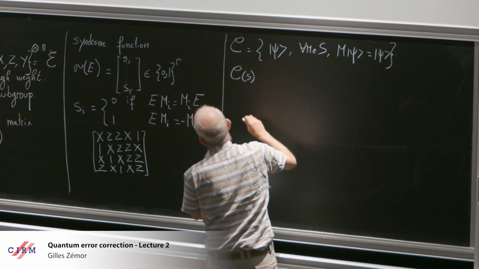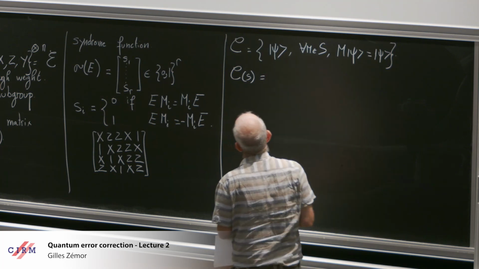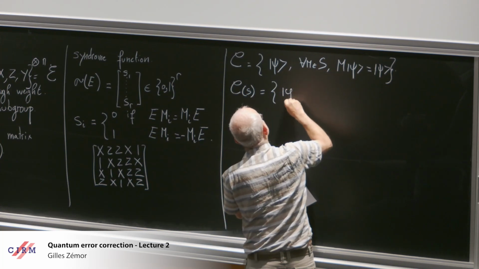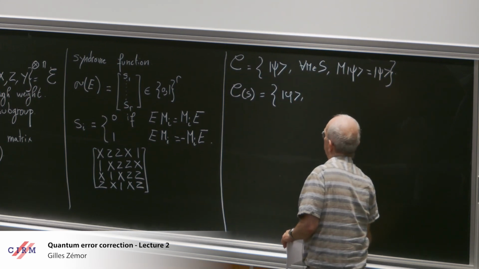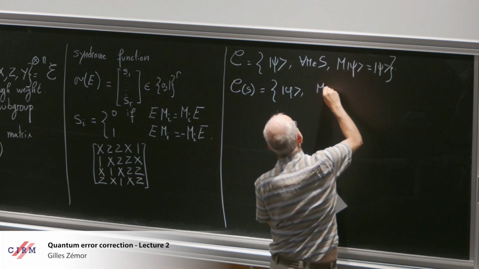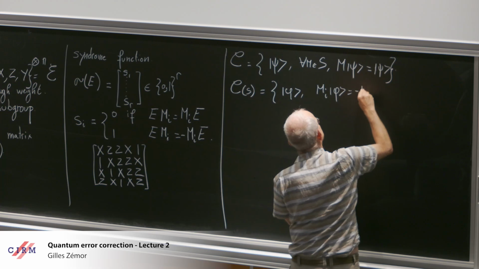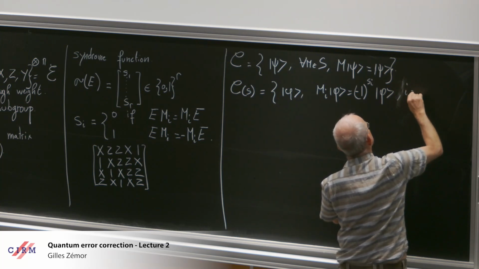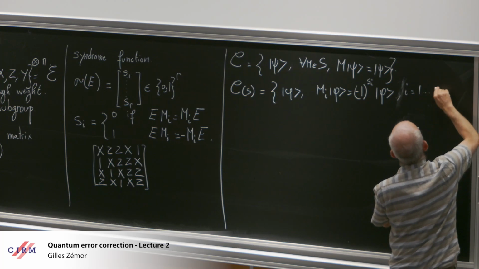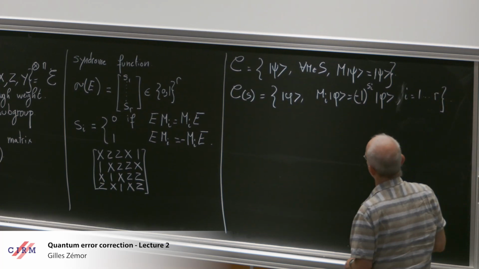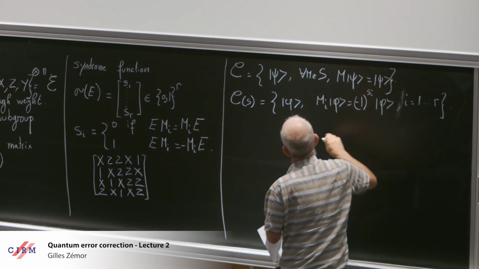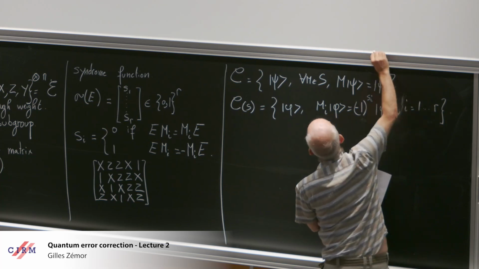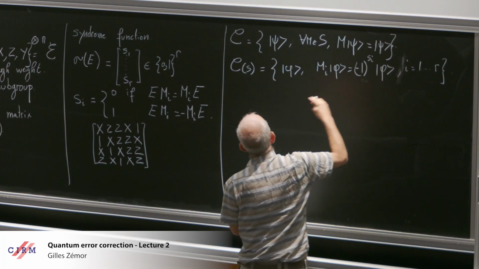And last time in this particular case, and it's the same definition in the general case, we defined all these other spaces, C of S, to be the set of states phi for which Mi applied to phi equals (-1) to the power Si times phi, for all i from 1 through to R. So in particular, for the zero syndrome, this 1 or -1 here is always equal to 1.